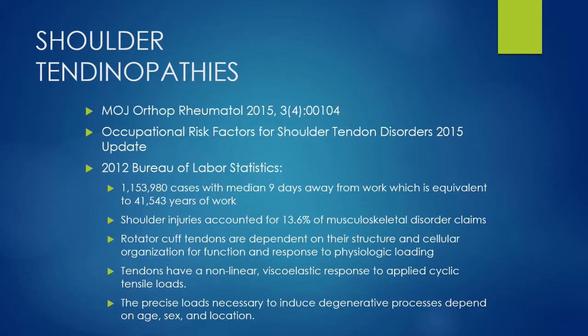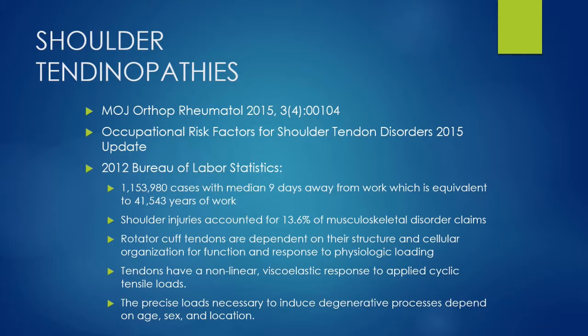And anytime we have a disruption in either the structure or the cellular organization of these tendons, in other words, anytime we have a loss of homeostasis of these tendons, that's going to result in pain, that's going to result in tendon degeneration, and that's what's going to lead these examinees to us for a permanent impairment rating.